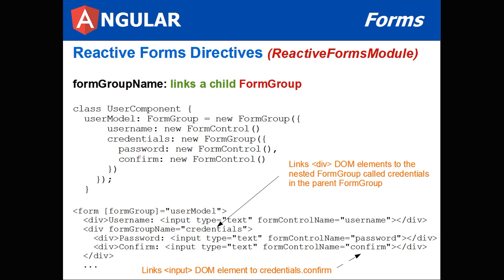So looking at the HTML markup in the template, once again I use the left square bracket form group to point to which form group I'm using within this template. I'm using user model. User model has to be defined in the component which is associated with the template. Remember, we're talking about a component template here.